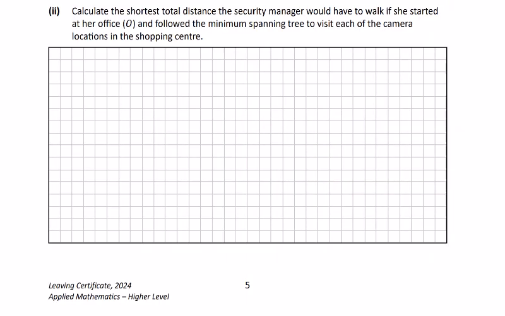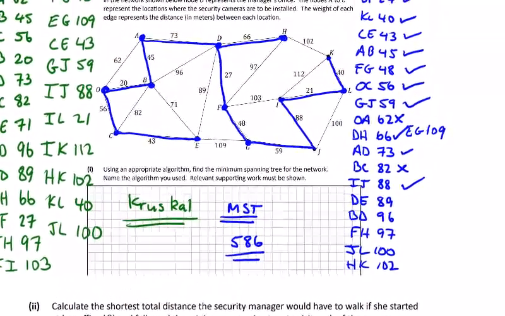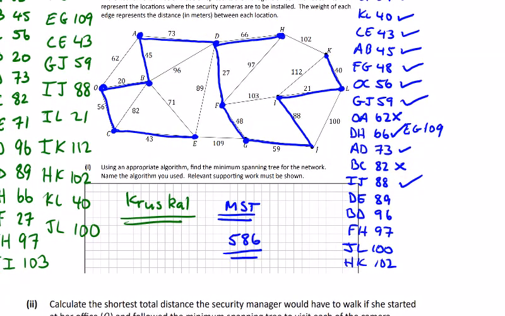Then we're asked to find the shortest total distance the security manager would have to walk if she started at her office and followed the minimum spanning tree to visit each of the camera locations. So she's obviously going to have to go back on herself. She's going to add on 56 and 43 to the minimum spanning tree. Now she can go from here to here to here to here.